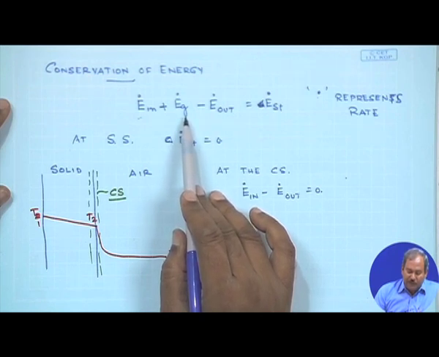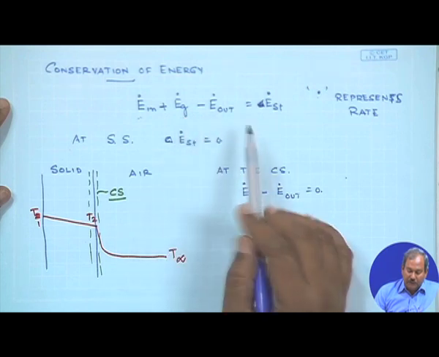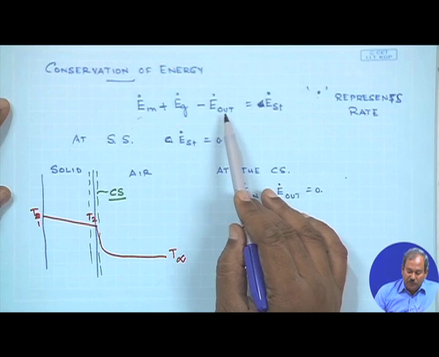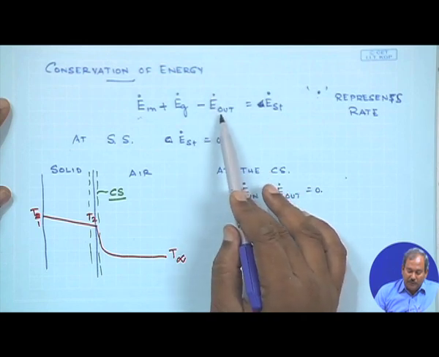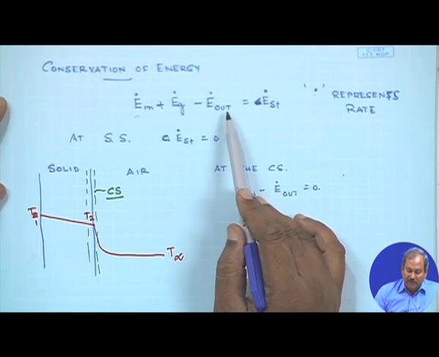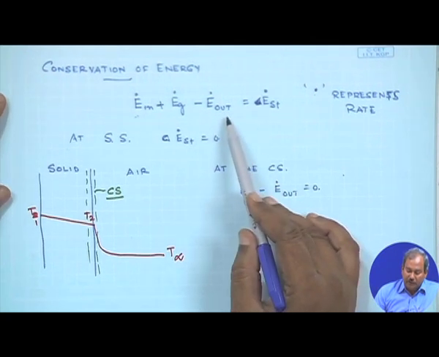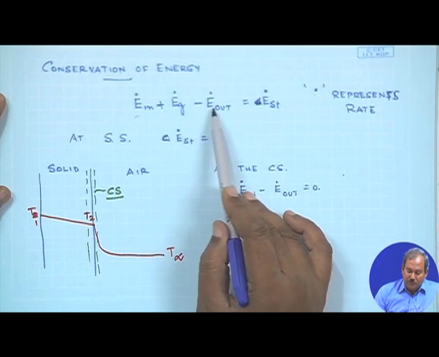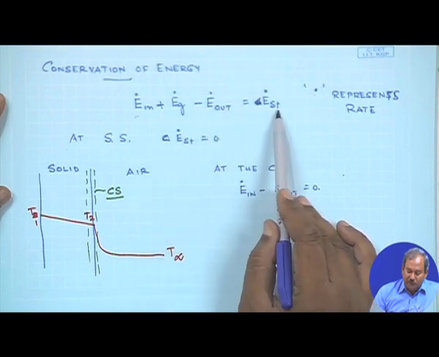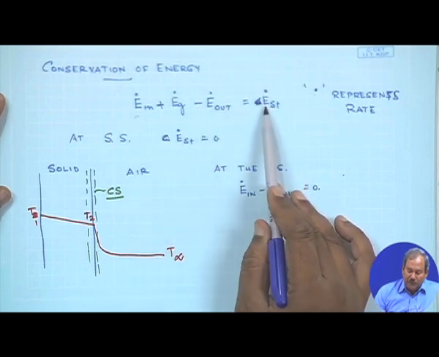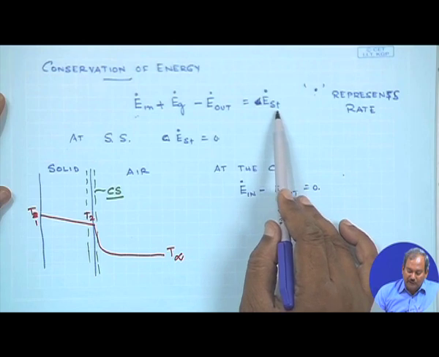This generation could be due to ohmic heating, or due to the presence of a nuclear source in the control volume, minus E dot out, the rate of energy going out of the control volume, again as a result of conduction and or convection, and the sum total of all these three is E dot stored, the rate of change of stored energy in the system.